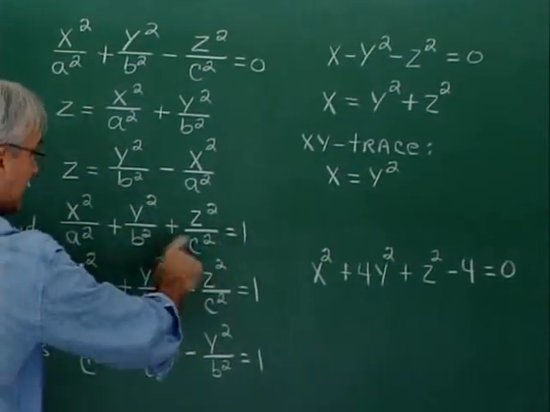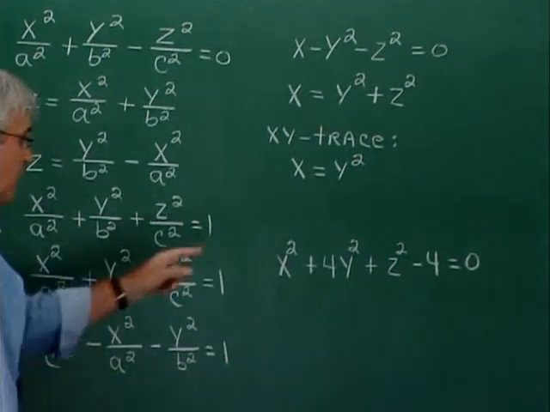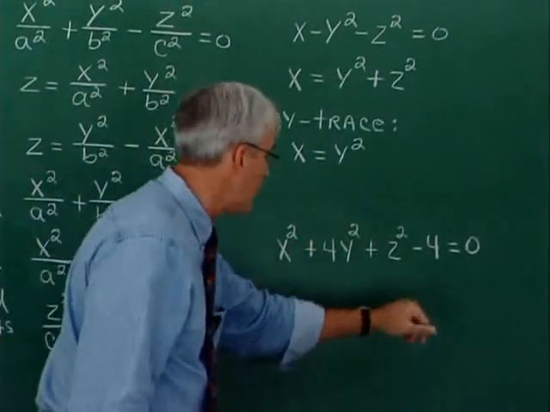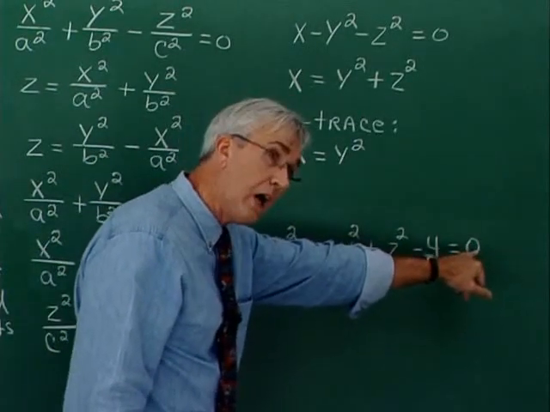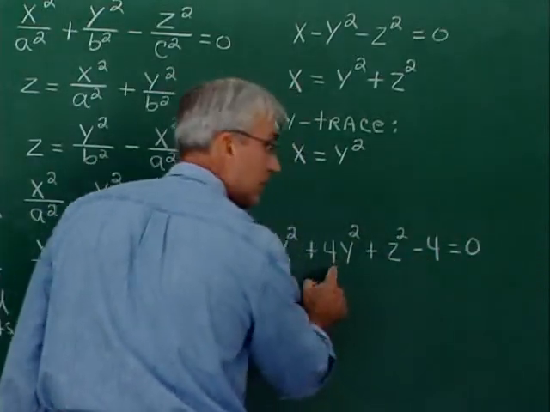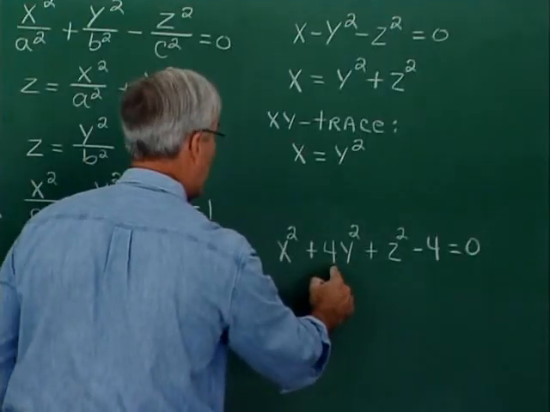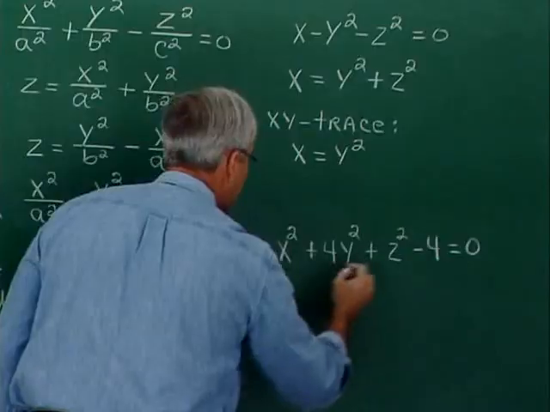Well, we can create that situation over here rather easily. We can just kick that 4 to the right side. We can add 4 on both sides, and we can make that 4 become a 1 by dividing through by 4. We need to do that anyway in order to cause this coefficient to be a 1, which is the form over here for our equations. So let's divide through by 4.